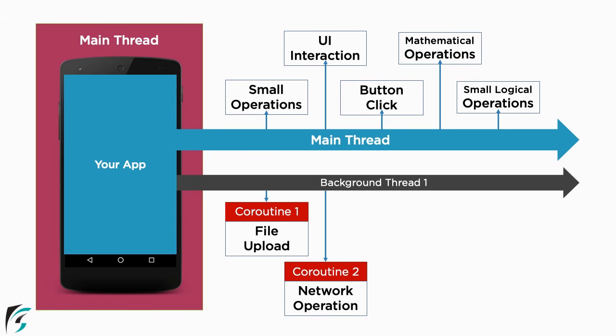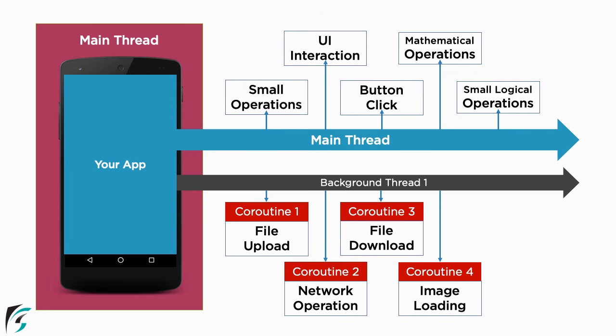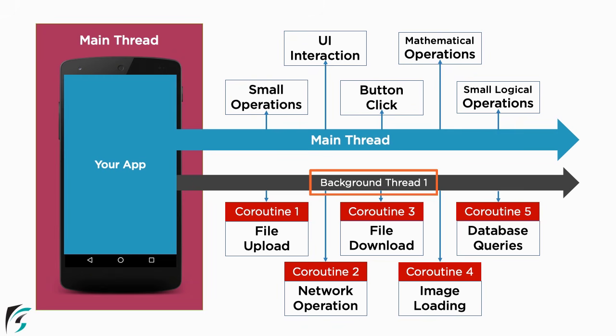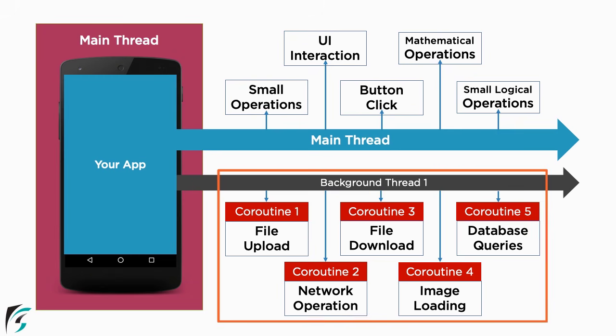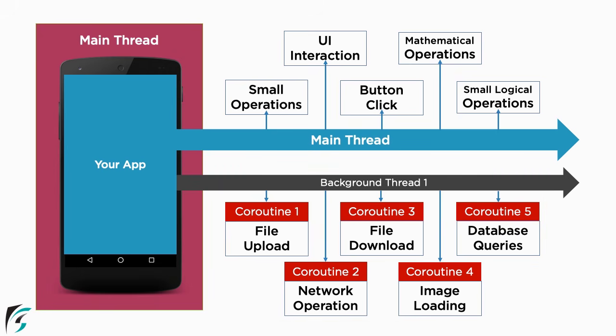Similarly, launch one more coroutine to download a file. Similarly, we can have more coroutines to perform other operations like this. In short, with the memory consumption of one background thread, you can perform so many heavy operations. How cool is that? So this is what coroutine does. Nice and simple. So I hope now you got an idea of where a coroutine fits in your application.